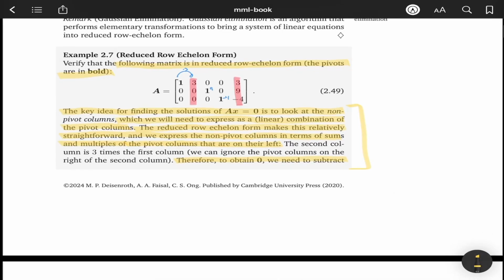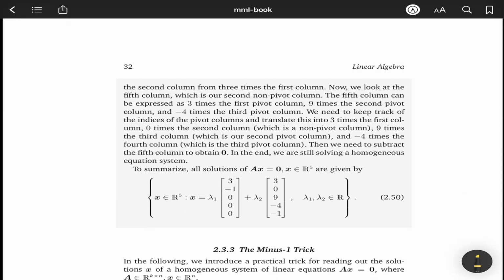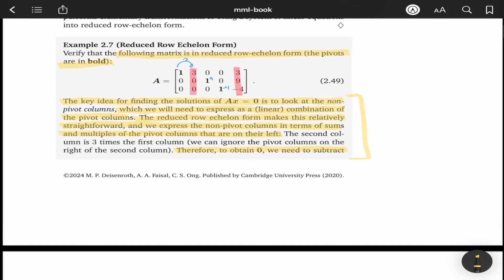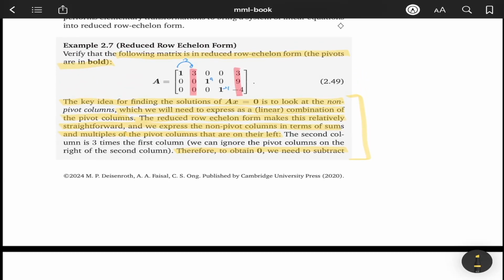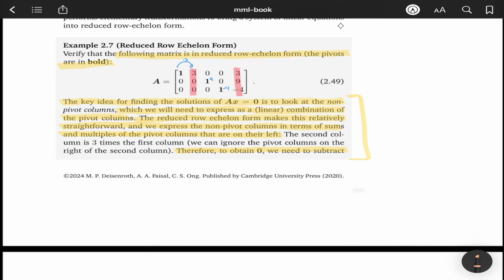Let's read. So therefore we obtain 0. We need to subtract the second column from 3 times the first column. Okay, I'm not getting this. We already obtained 0. Okay, let's take a different color. So let's read again. The second column is 3 times the first column. Yes. So we just multiply the first one by 3, right?